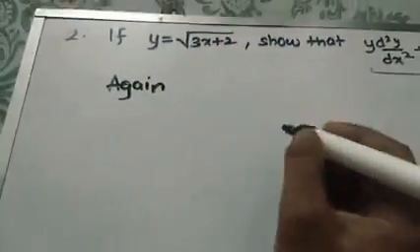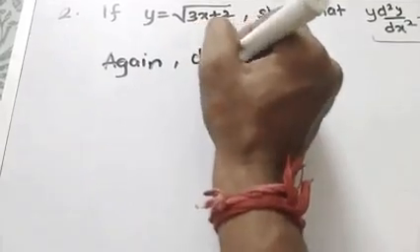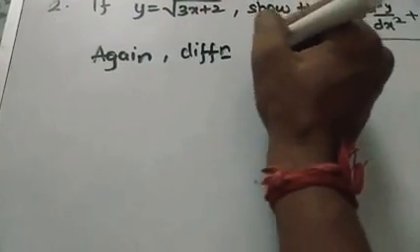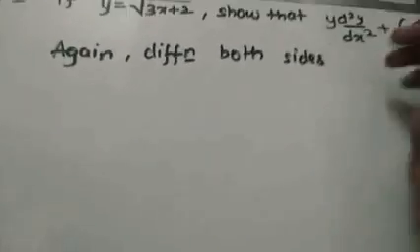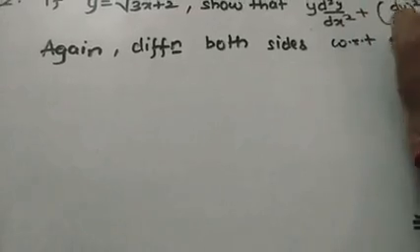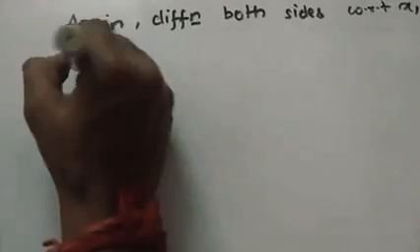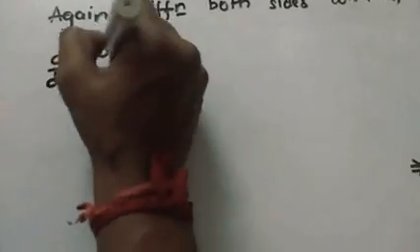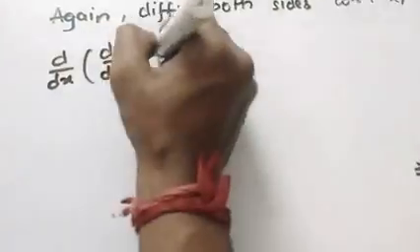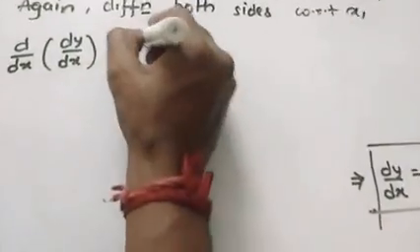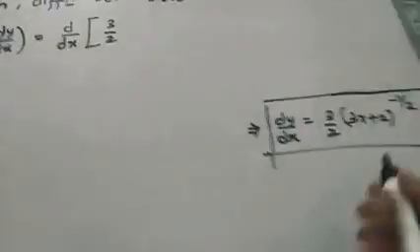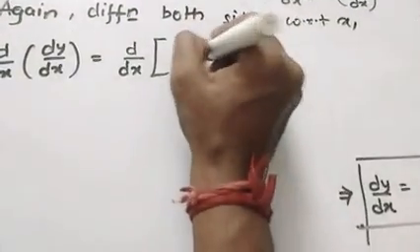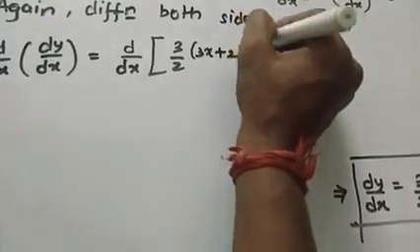We will write again, differentiating both sides with respect to x, that is this side d dx of dy by dx and this side d dx of 3 by 2 into 3x plus 2 to the power minus half.